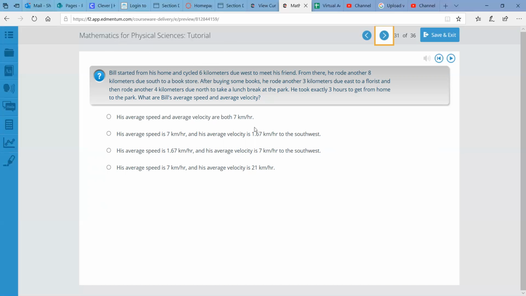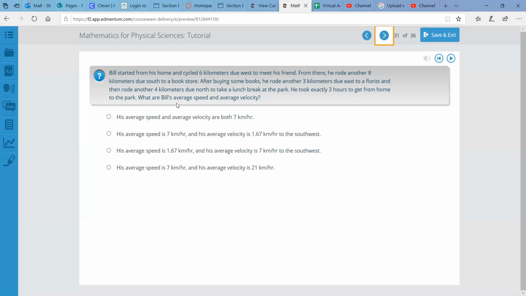So, all in all, he is 5 kilometers away from his starting point after all this business, because he went west, south, but then he went back up north and back east.